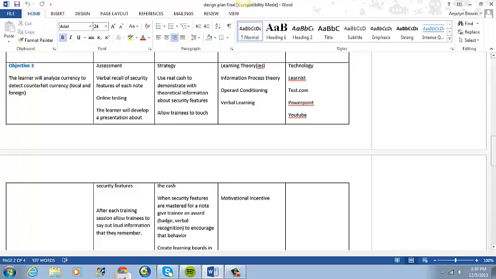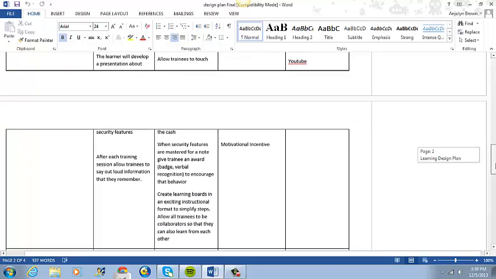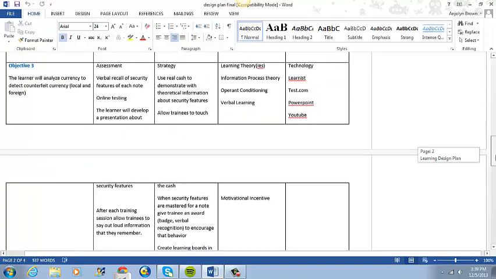As soon as the trainee masters the security features of the notes, they will be rewarded to encourage that behavior. And learning boards will also be created by the instructor to simplify the processing of the information about the security features, which could be lengthy or very verbose.